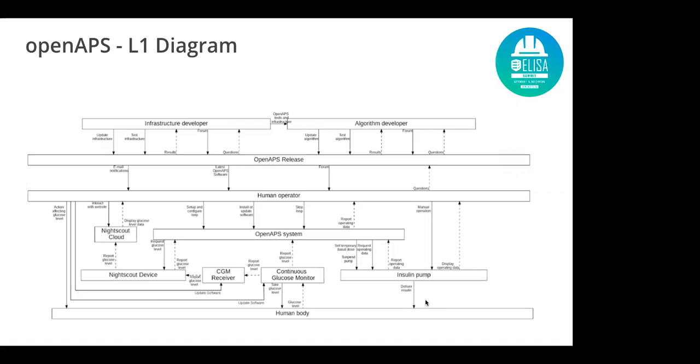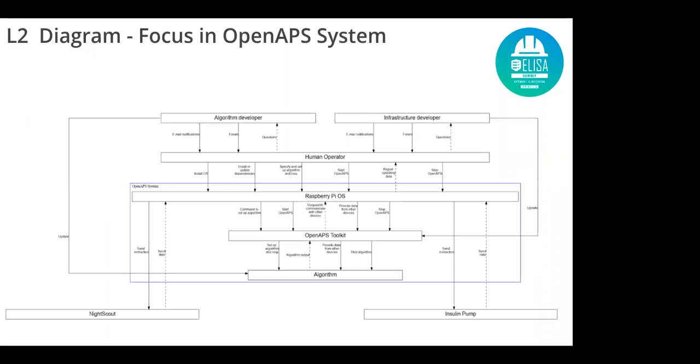And later on in the process, we've then added these actions to a spreadsheet and looked at how each of these actions can go wrong. So after analyzing the system as a whole, we then looked at what's actually going on inside the OpenAPS system.